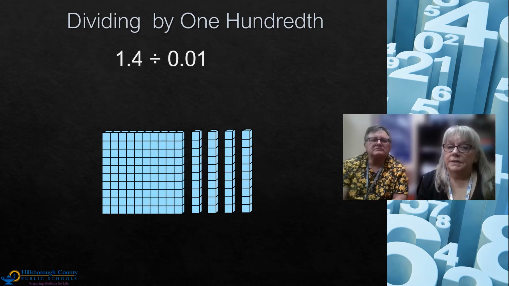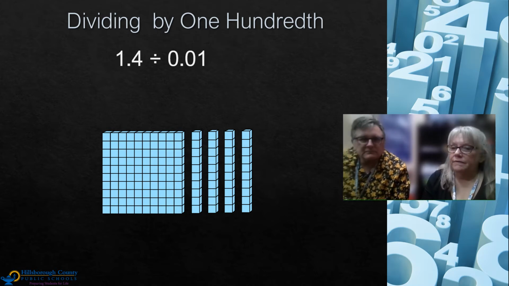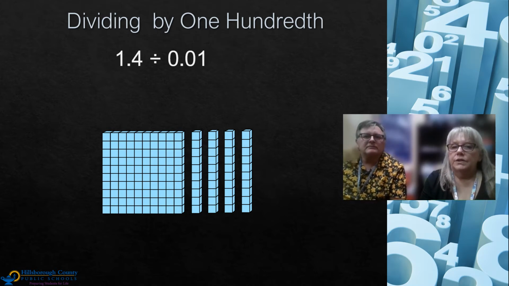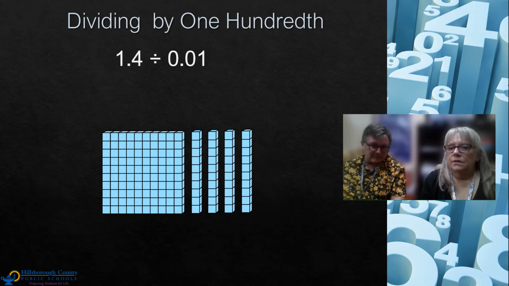Here we have a very similar problem, but instead of dividing by 1/10, this time we are dividing by 1/100th. So again, Daryl, what is this problem asking? Well, it's like the structure of division, which connects to our MTRs. It's asking how many 1/100th size pieces are in 1 whole and 4/10. So I'm going to need to decompose that model into hundredths and count how many there are.